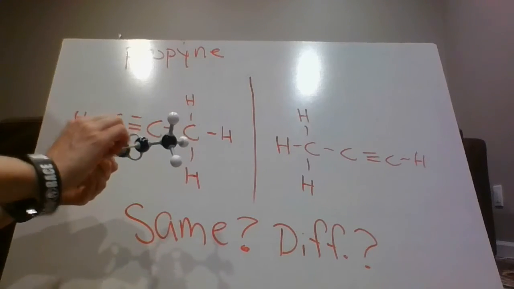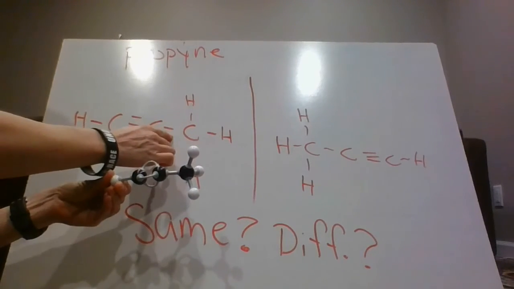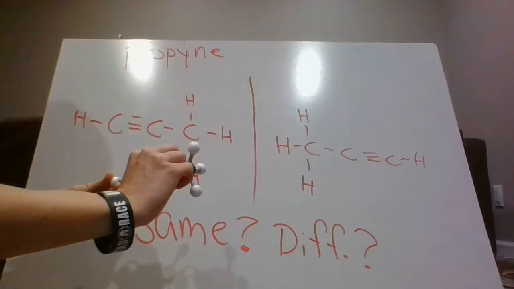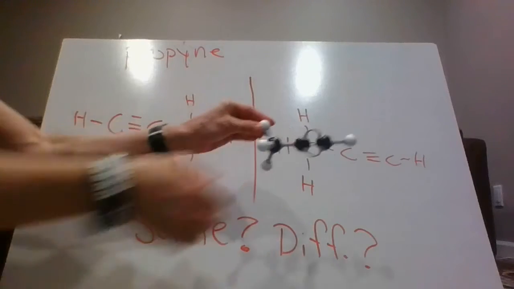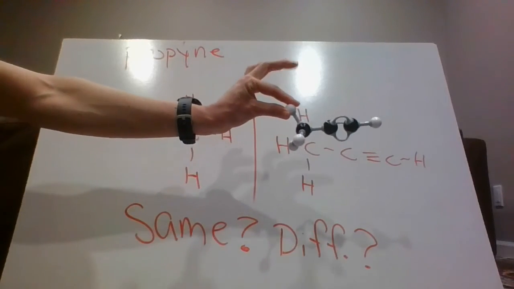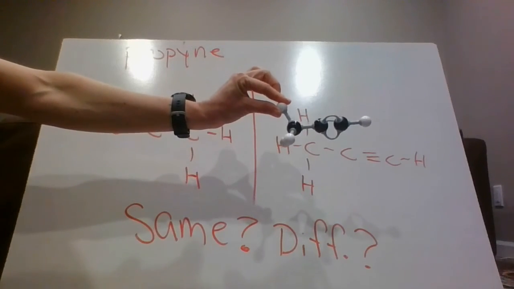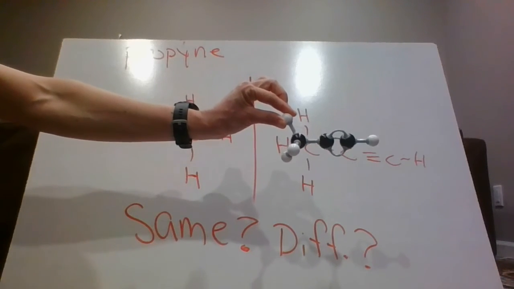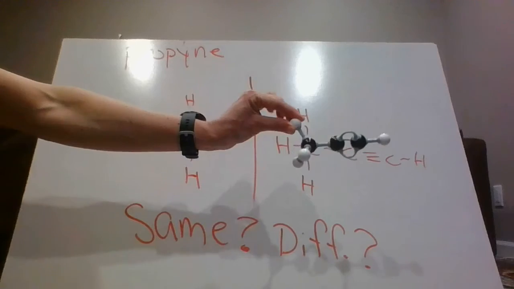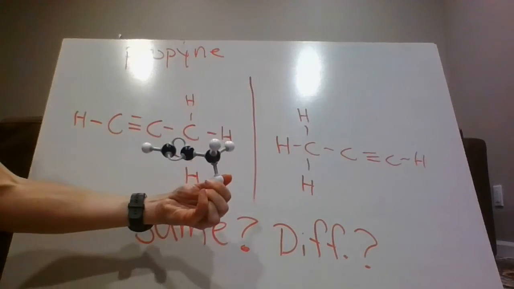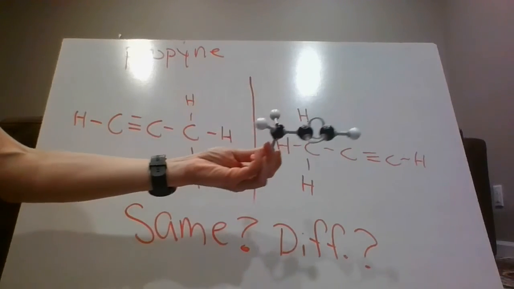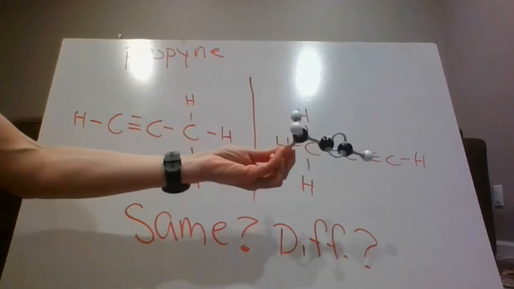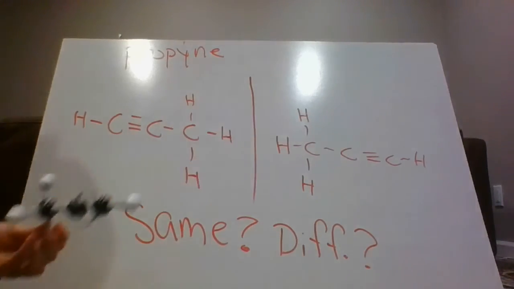The only other place you can put that triple bond would be between the second and third carbons, giving you this structure over here. But really, that's this structure: a carbon with 3 hydrogens, single bonded to another carbon that's triple bonded to another carbon, and that last carbon has 1 hydrogen on it. So therefore, propyne does not have a different isomer because the only other place you can put that triple bond really gives you the same structure.